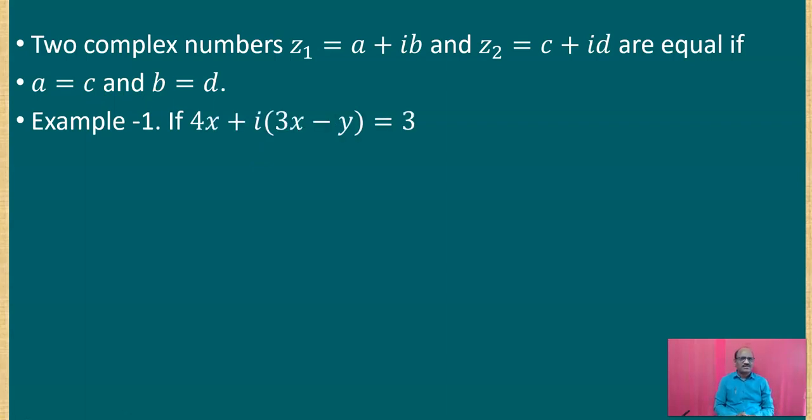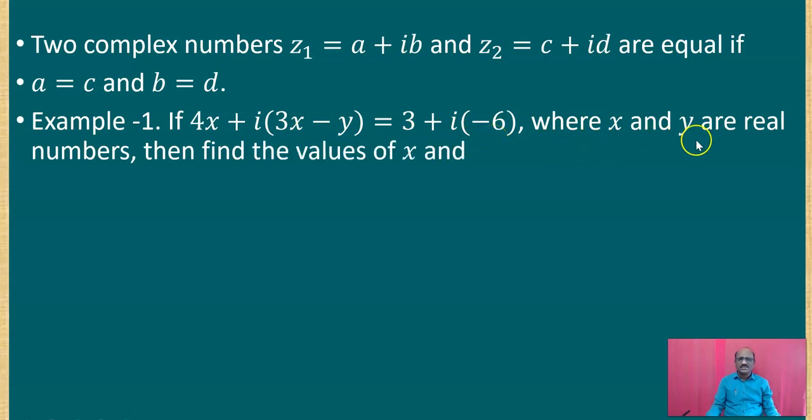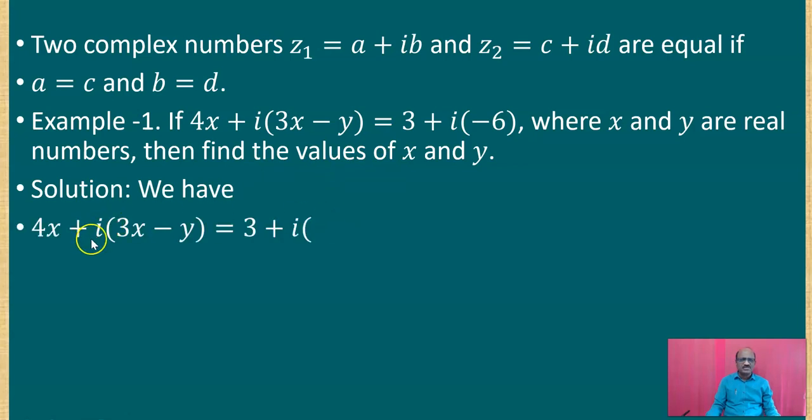Example 1. Now see this here. If 4x plus i times (3x minus y) is equal to 3 plus i times (minus 6), where x and y are real numbers, then find the values of x and y. Solution. We have 4x plus i times (3x minus y) is equal to 3 plus i times (minus 6). Now equate the real and imaginary parts from this equation.